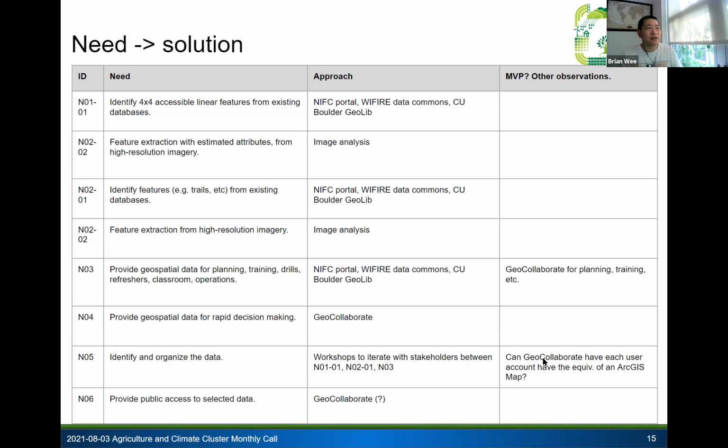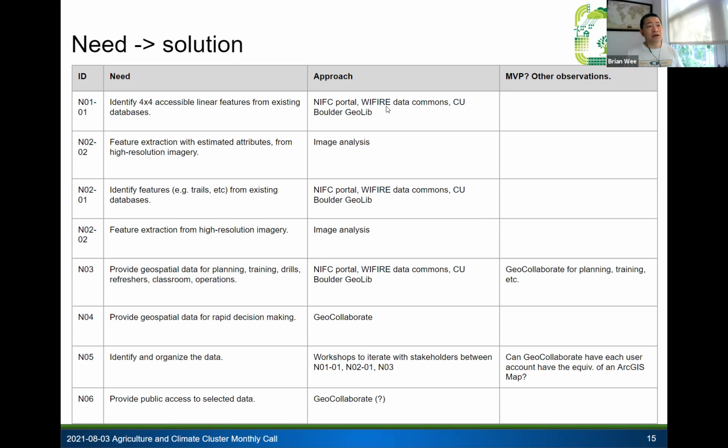But this table essentially just summarizes the needs identified from the previous slides, and some of the potential solutions, or at least initial starting solutions, the approaches that we can use. For example, for some of these needs, the first step as part of an MVP, a minimum viable product, is to take a look at the National Interagency Fire Center, the NIFC portal, the data there, and also the WIFIRE, which Jessica Block represents.